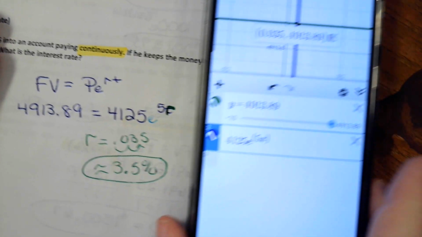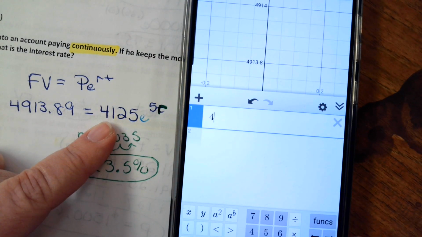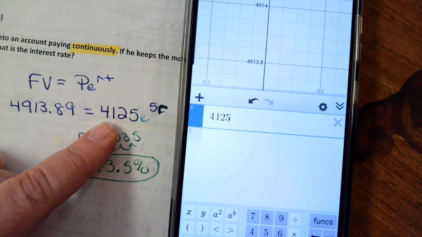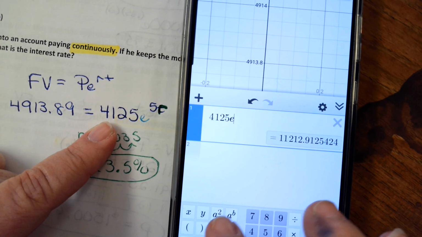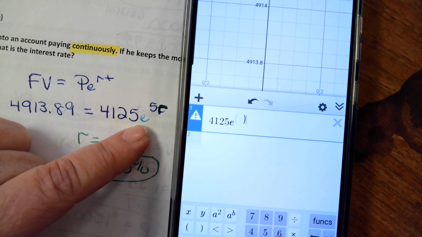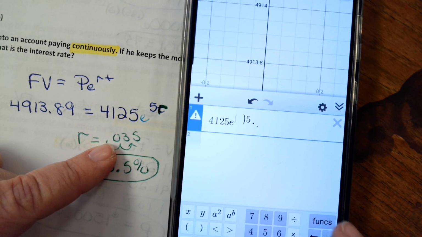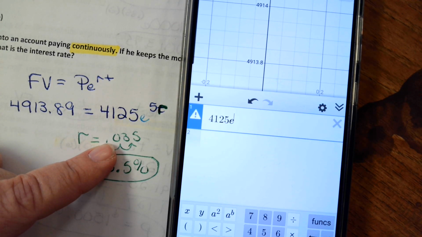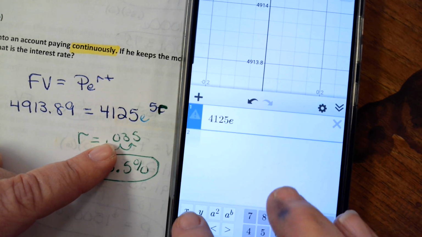Now, how could you check? We could actually come in here and substitute in. We got 4125 e raised to the 5 times point... Try that again. Why is my parentheses not working?